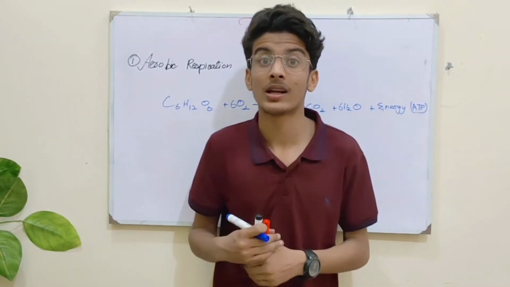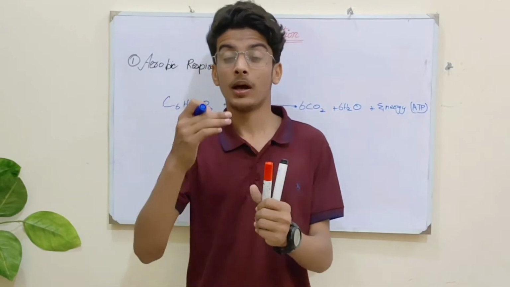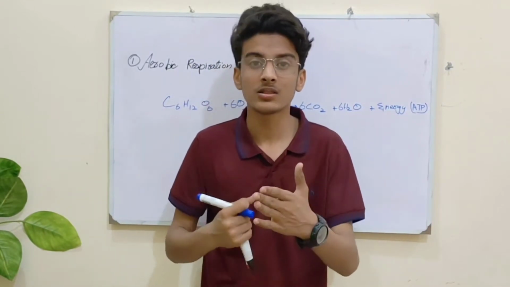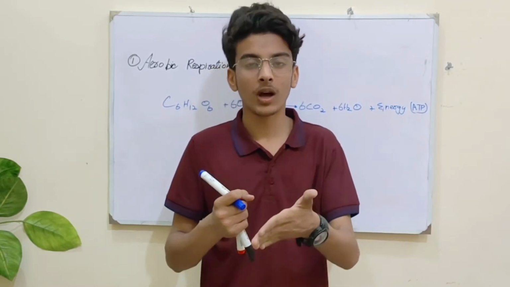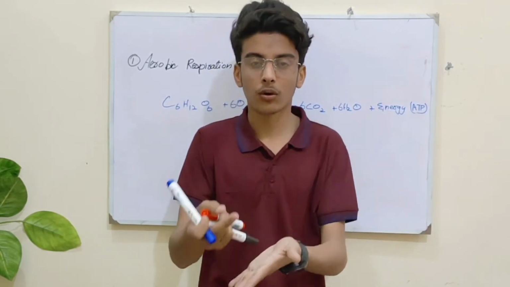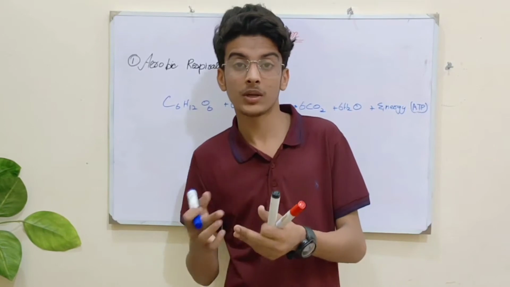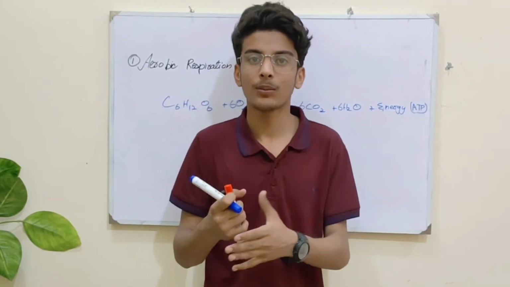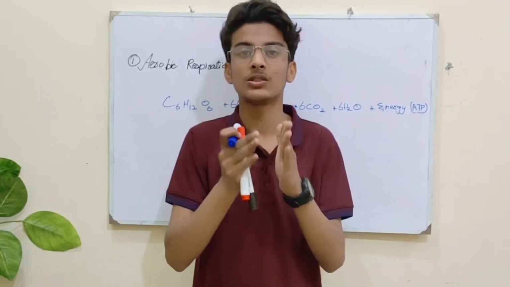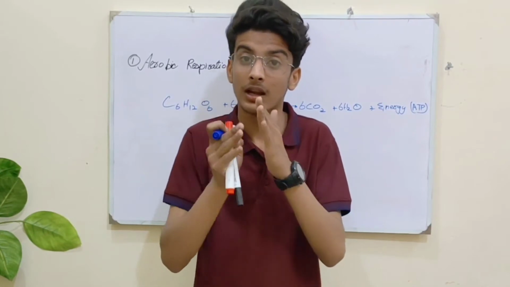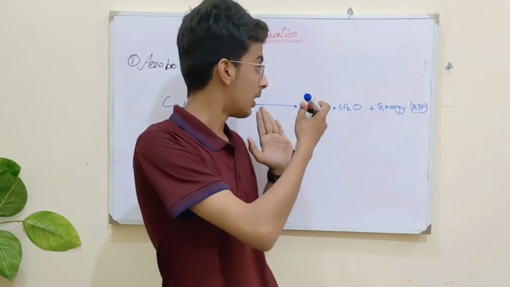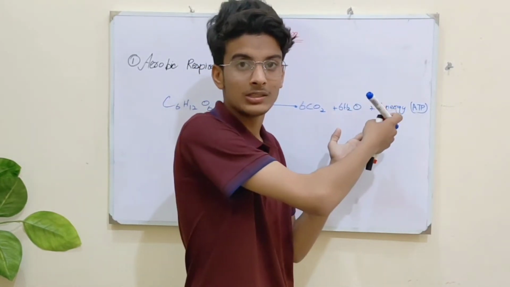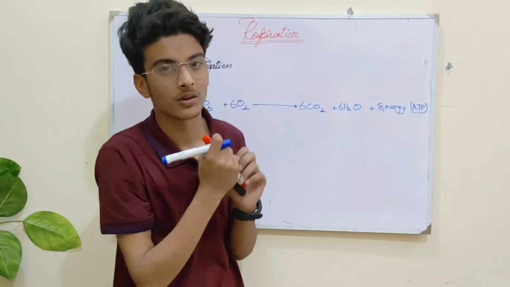As I said, it is used in the synthesis of protein from amino acids, the building of protoplasm for growth, and muscular contractions and heartbeats. All the energy consuming processes are given energy from the ATP released as a result of aerobic respiration.